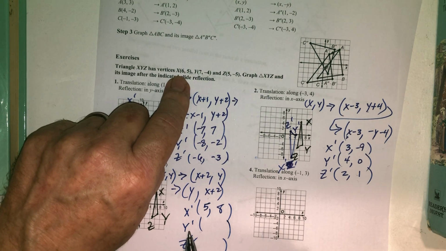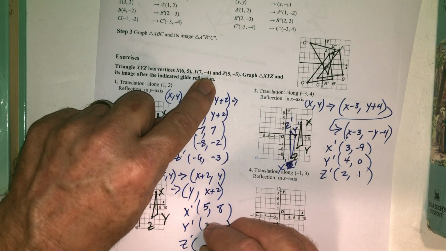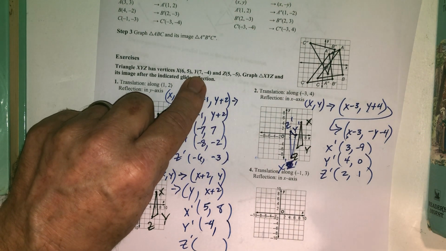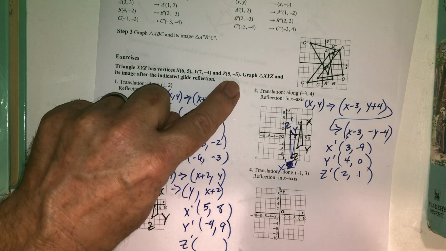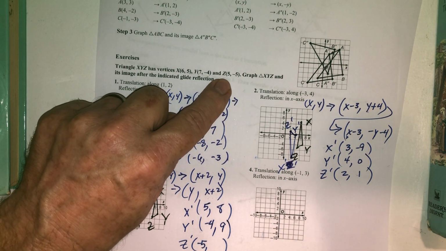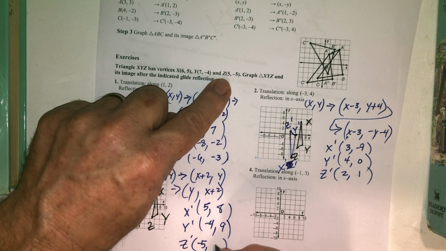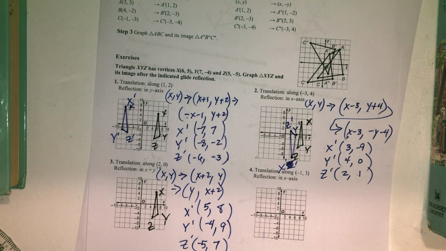For y prime, we want the y coordinate of y, which is -4. Take its x coordinate 7 and increase that by 2. 7 increased by 2 would be 9. All right, the y coordinate of z, -5, becomes the x coordinate of z prime. And the x coordinate of z, 5, increased by 2, which is 7, becomes the y coordinate of z prime.